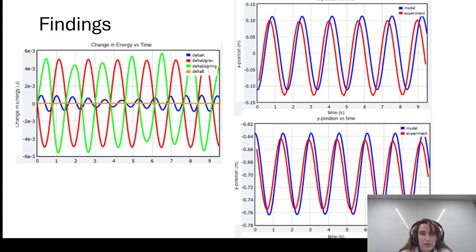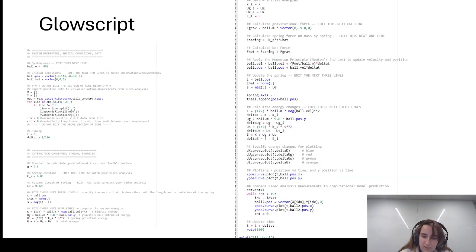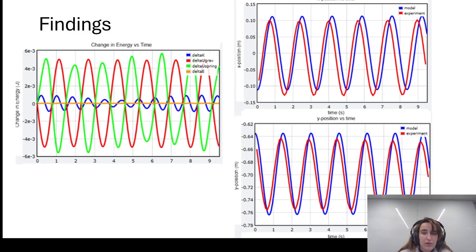Then we used, here's the code. Then we uploaded the data from the video and we got these graphs. At right are graphs of x position and y position against time for the model against the experiment. And at the left, you can see the energy changes predicted by the model.